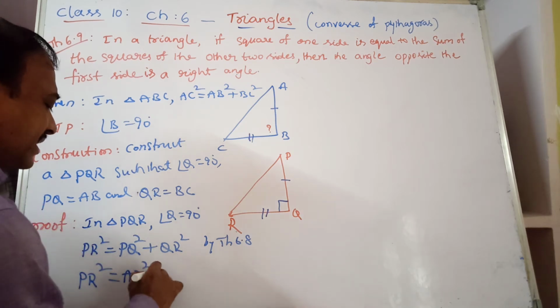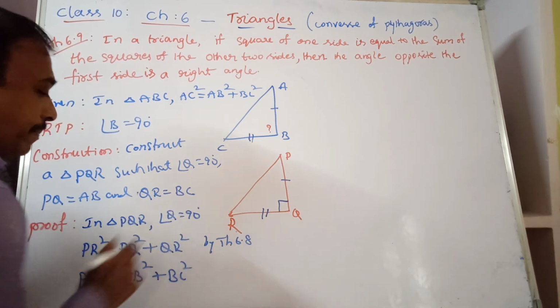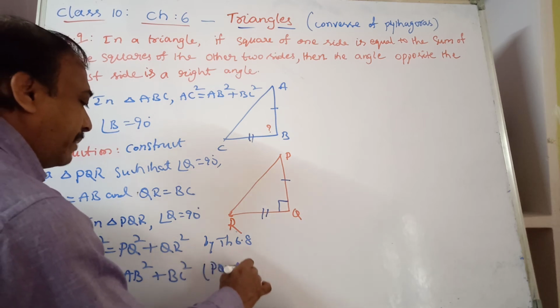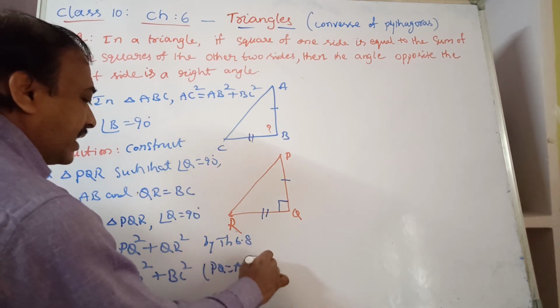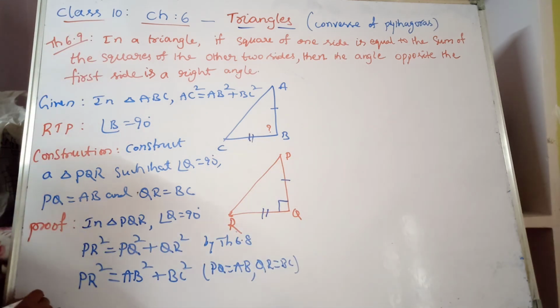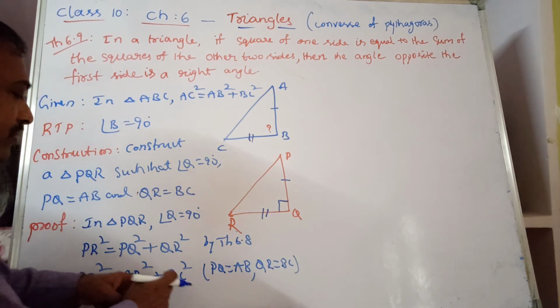Understood this point? So PR square is equal to AB square plus BC square.